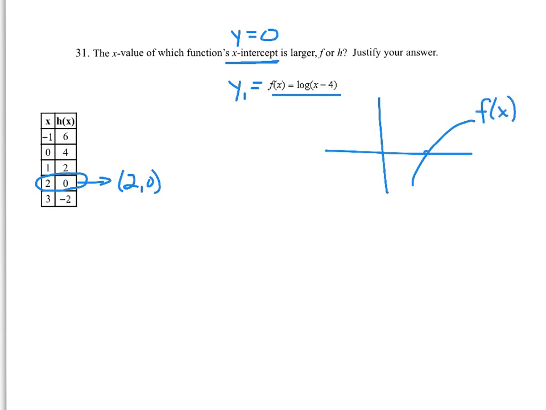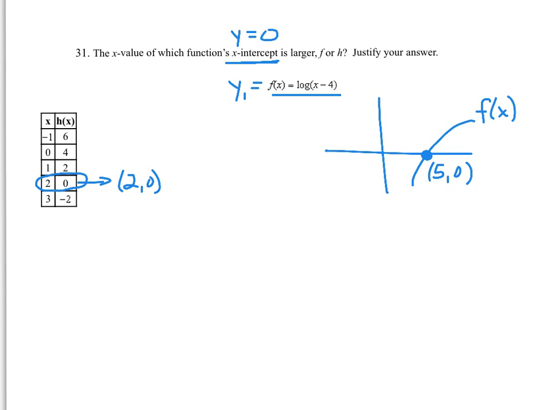With this x-intercept being (5, 0). So it says the x value of which function's x-intercept is larger, f of x or h of x.